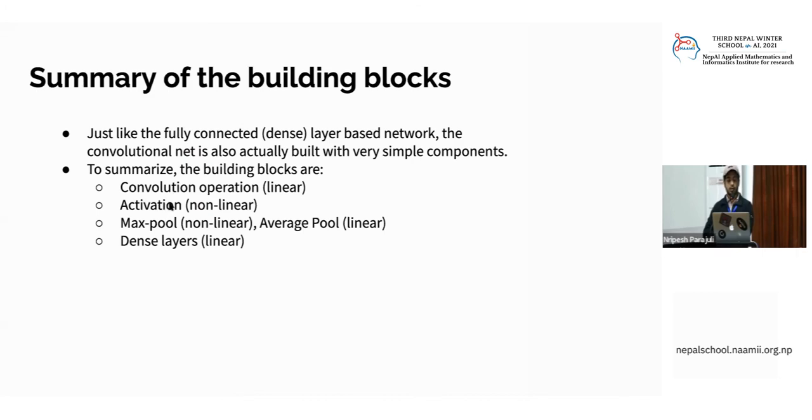Again, the only nonlinear thing is the activation. I mean, the max pool is kind of nonlinear, but we don't backpropagate or anything like that with it. But let's not get into this. Most things are linear, and still the biggest nonlinearity is the activation, the ReLU.